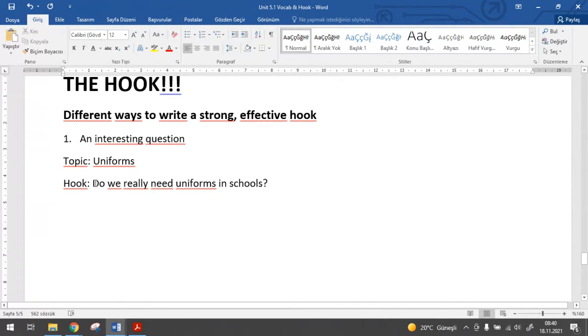So this hook makes the reader think, and it makes the reader want to continue reading to find an answer to this question. At the end of or during the essay, the reader will understand your opinion on this. Okay, another hook, for example, with a question about uniforms. So this is our topic.